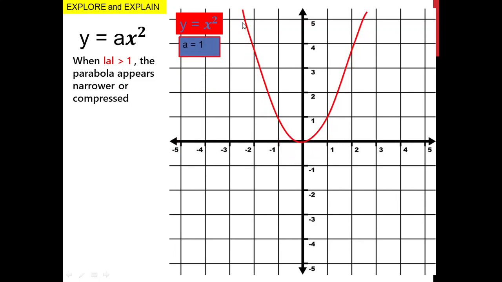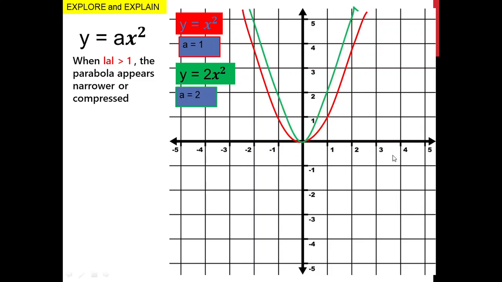And the parent graph would look like this. Now say we have a change of the value of a. We have here y is equal to 2x squared, where a is equal to positive 2. That is greater than 1. Now it says here, when the absolute value of a is greater than 1, the parabola appears narrow or compressed.